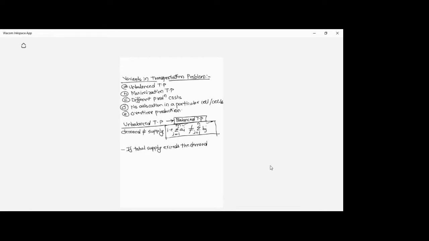It can be anything, right? If demand is not equal to supply, demand can be on the higher side or supply can be on the higher side. Now let's see that the supply is on the higher side.